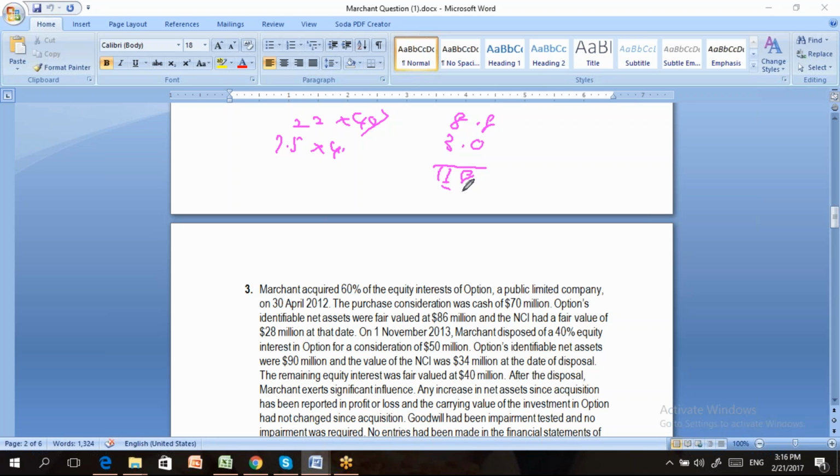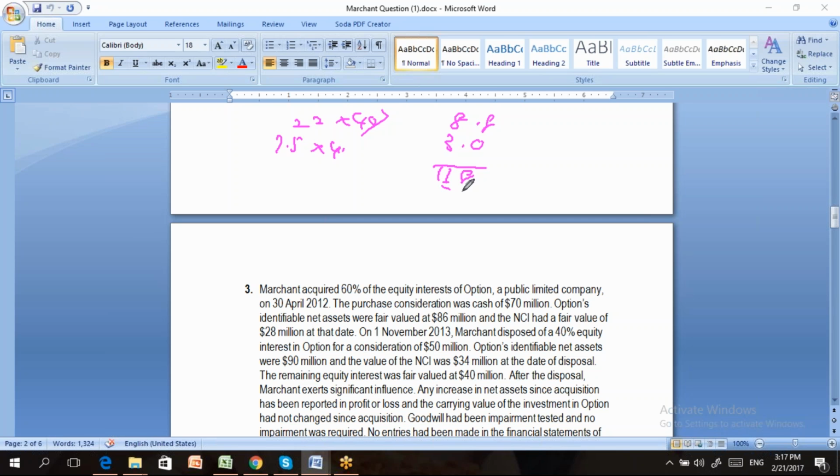Out of 72, which we got as a figure, we had to split 11.8 to NCI and the balance to profit attributable to the parent. 72 minus 11.8 is 60.2.